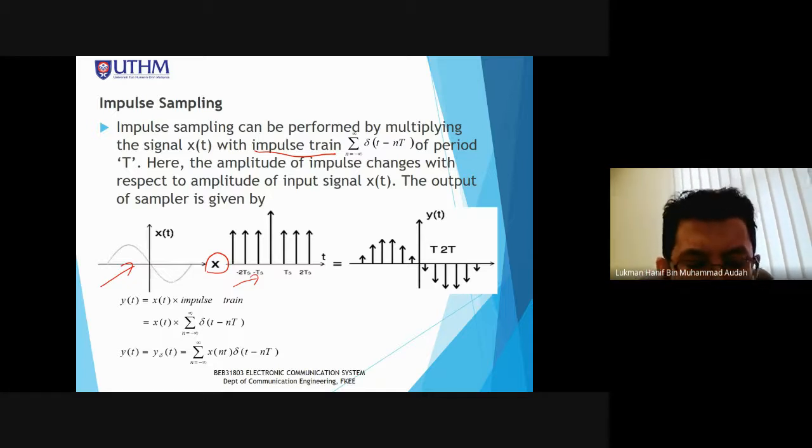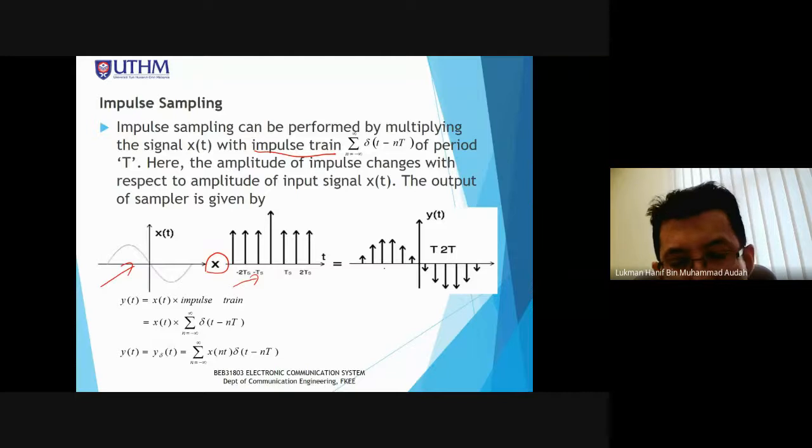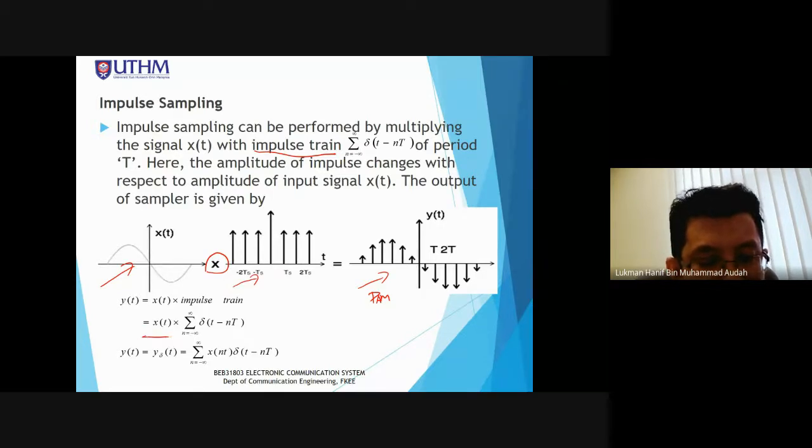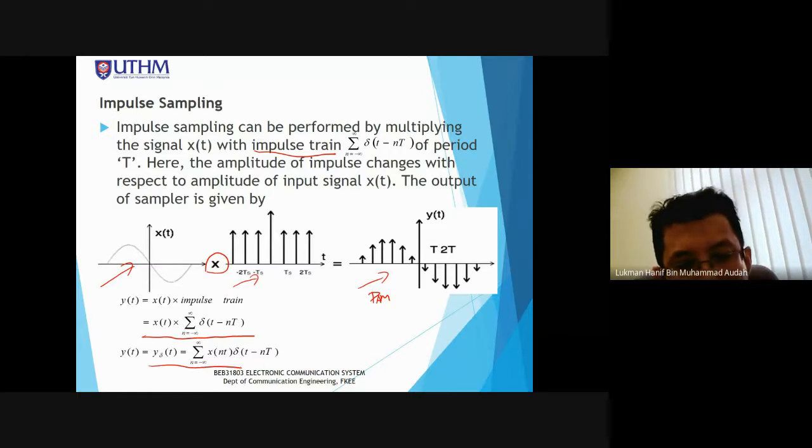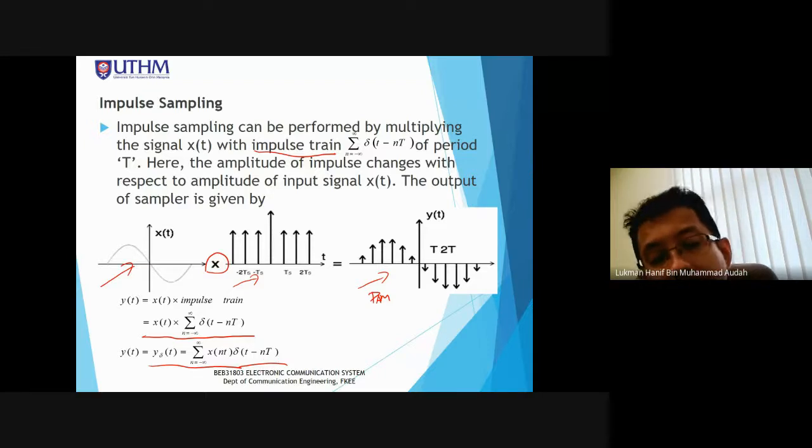So when we do the multiplications, so what happen, you see that it will produce a pump signal. Okay, pump signal. So you see that multiplication process in time domain with the impulse train function, dia akan jadi seperti ini. Y delta t equal to summation of n from minus infinity to infinity x nt multiplied with delta t minus nt. So ini pun tidak perlu hafal.